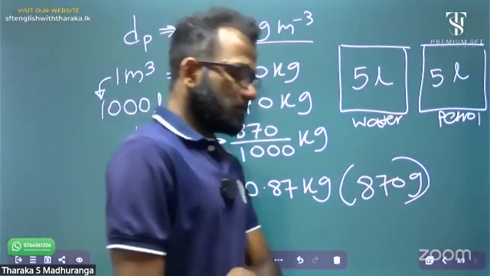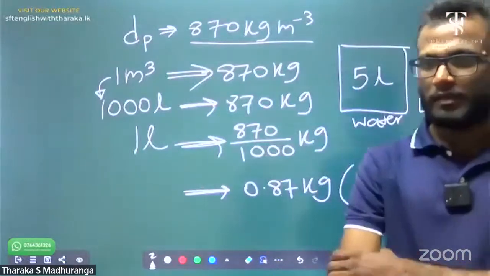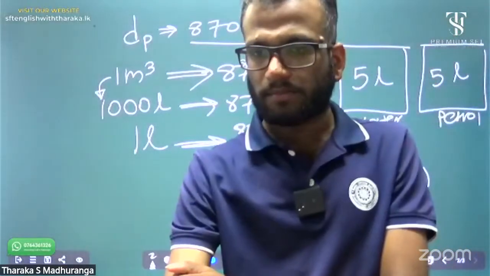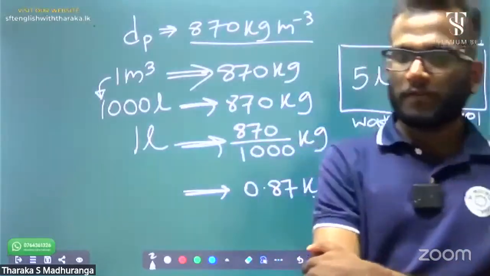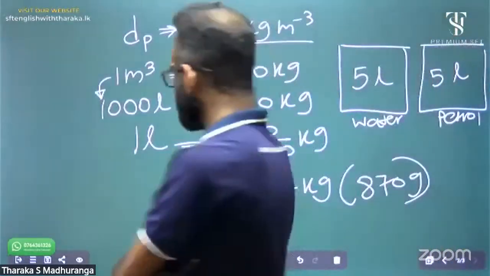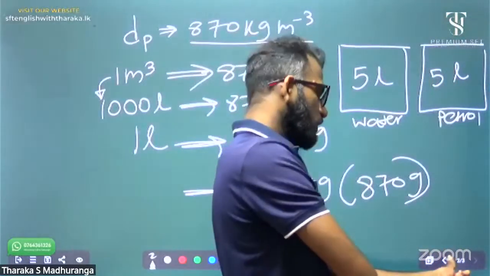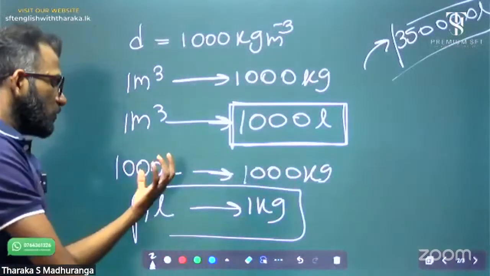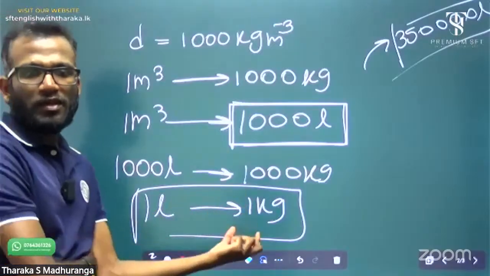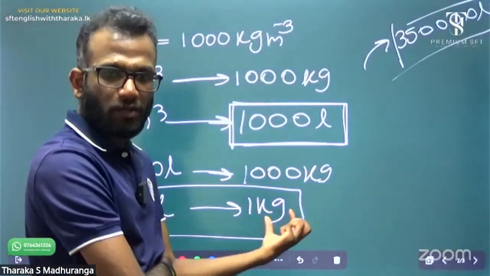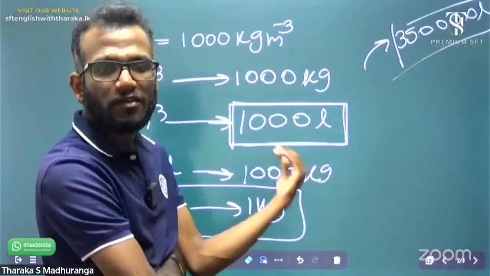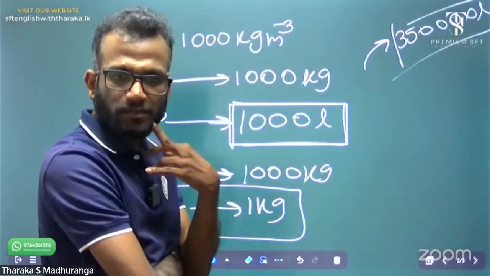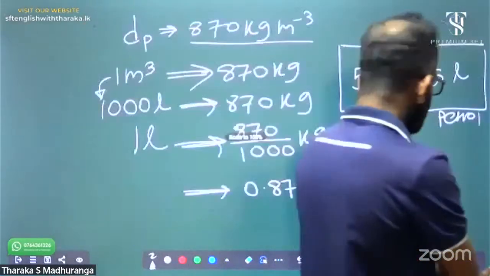The volume is the same. Water, according to the density, 1 liter equals 1 kilogram. That means 5 liter of water is 5 kilogram.